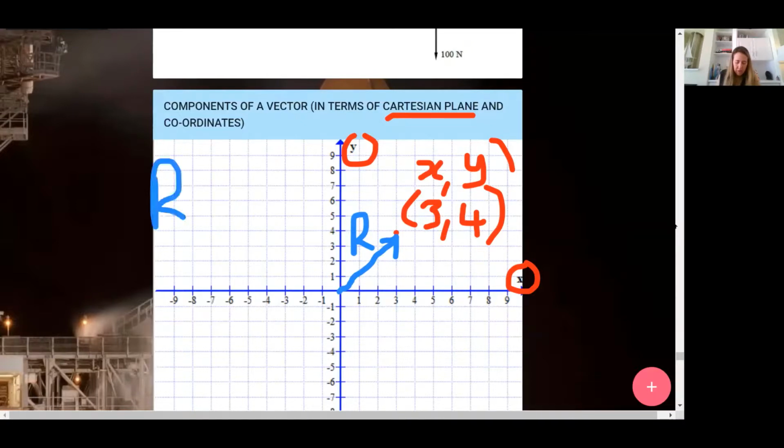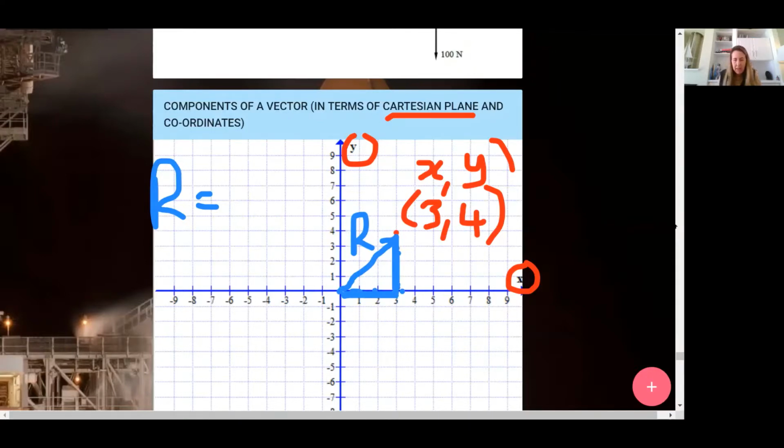R, as you know, is found if we complete a right angle triangle with the x distance as that horizontal line and the y distance to that point as the vertical line.